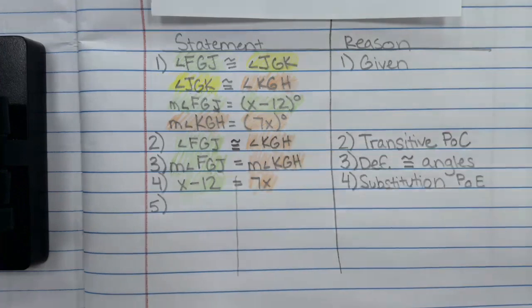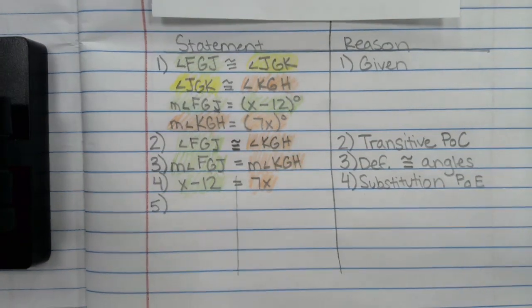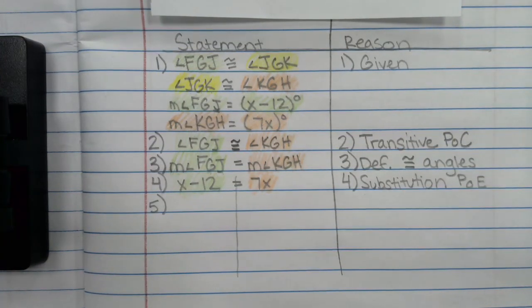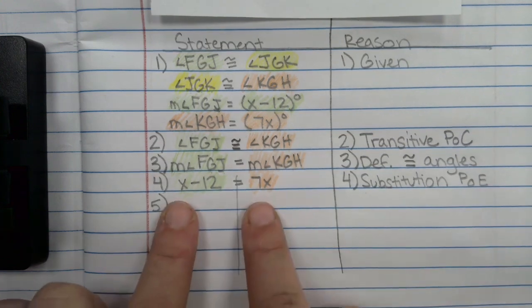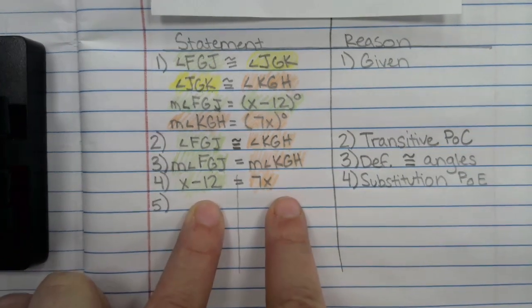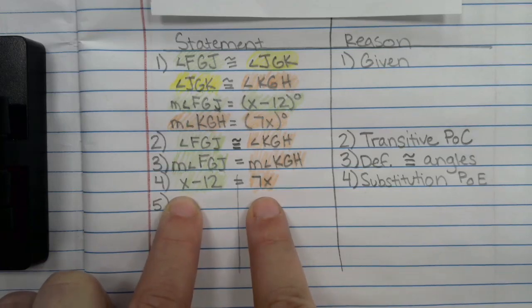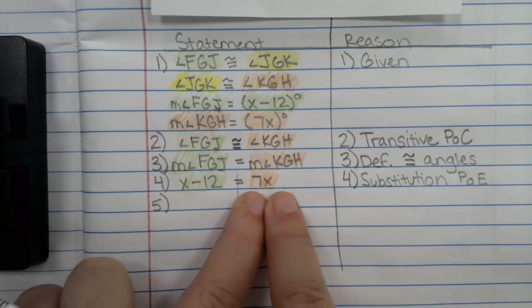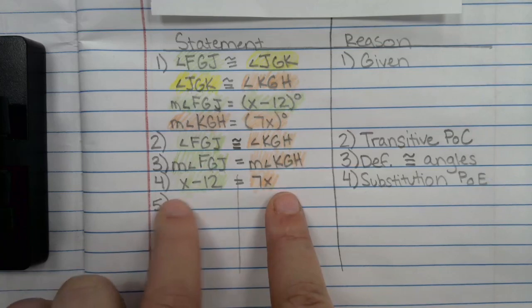If I want to solve this equation, what would I do first? We have to add 12, or minus 7, or we could minus x even. Do you guys want to add 12 or minus x?